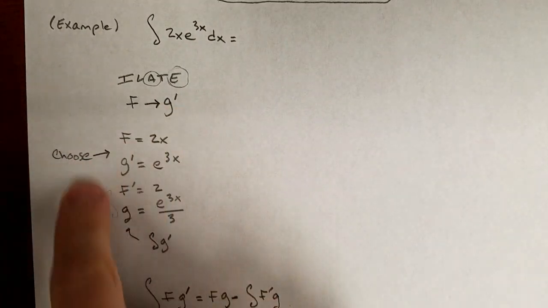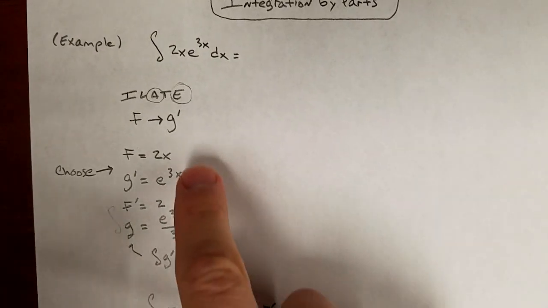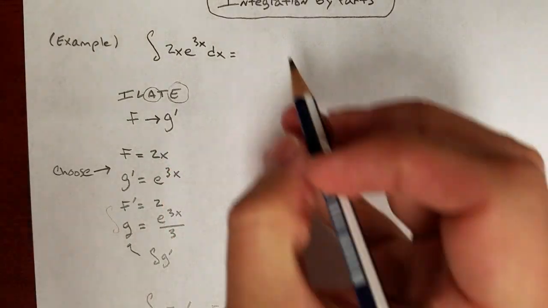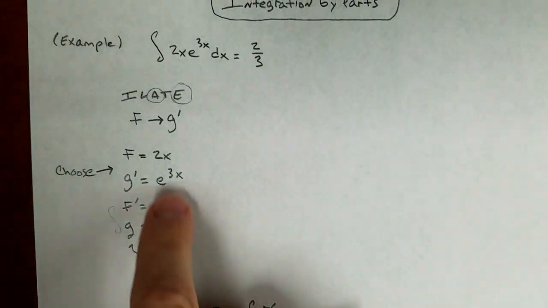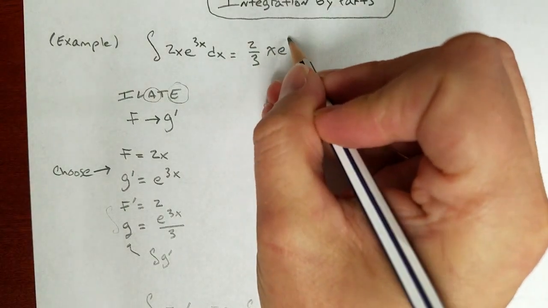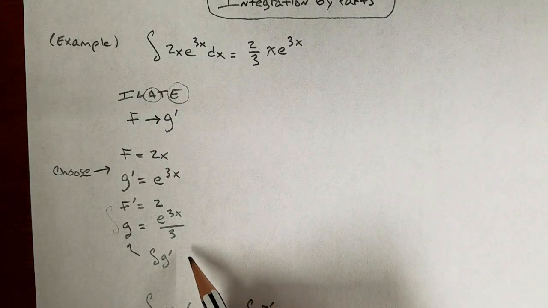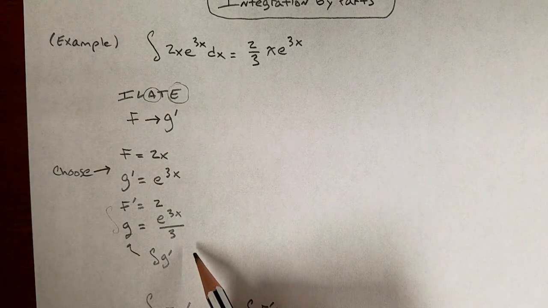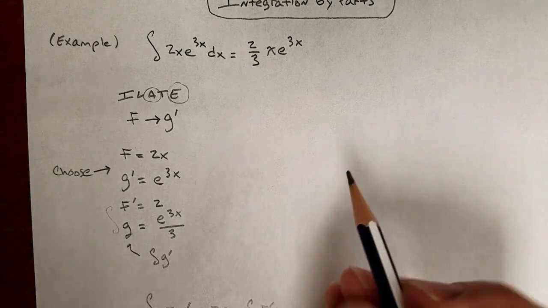All right, now I have everything I need. Here's the generic formula. It's going to be f times g, so I guess you get 2/3 x e to the 3x. That's what you get if you do f times g. I just put the constant 2 over 3 together.